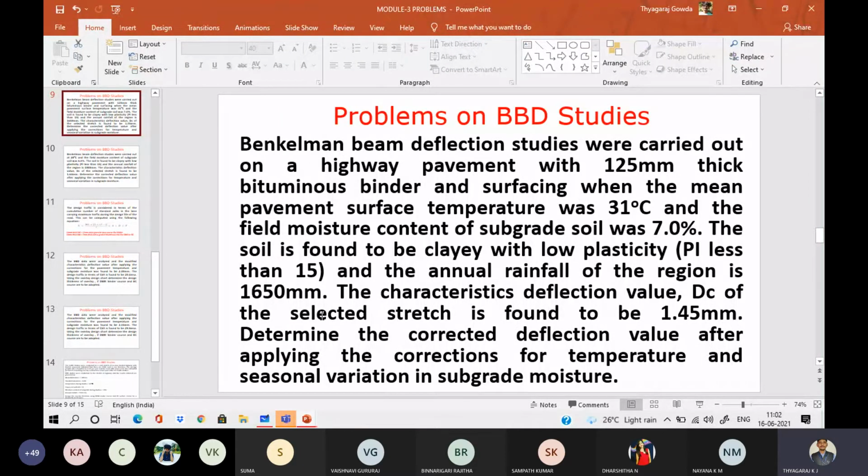This is with clay soil, with the temperature 31 degrees Celsius. If these types of questions are asked, they will allot 8 marks. That is with the clay soil and the rainfall, to determine the temperature correction and then the subgrade moisture correction.